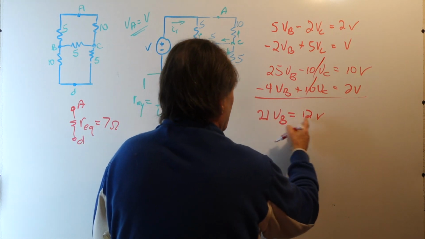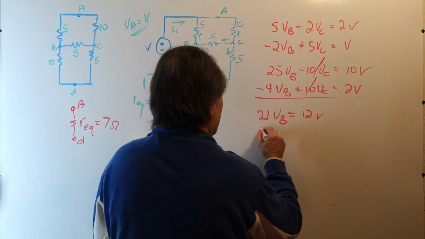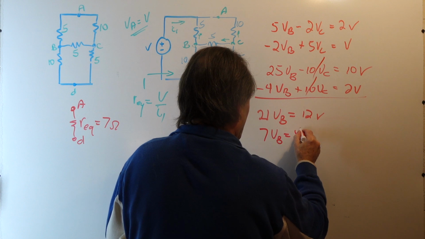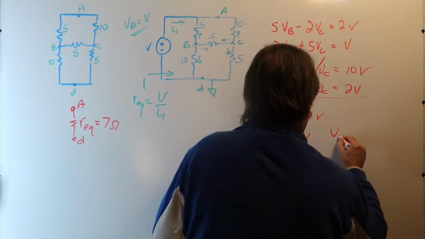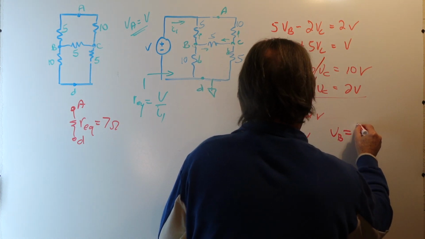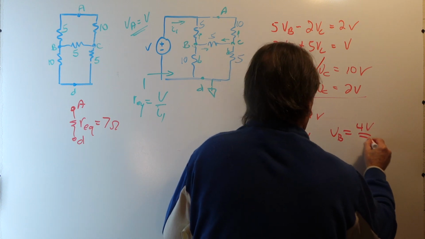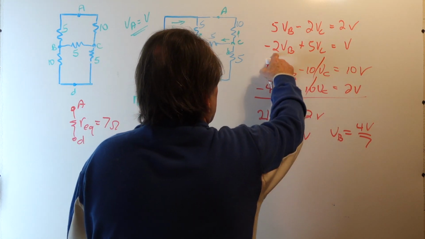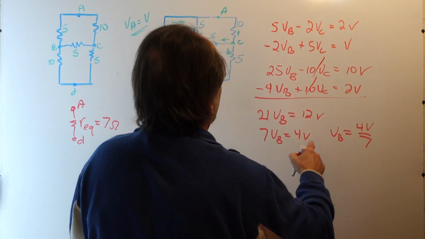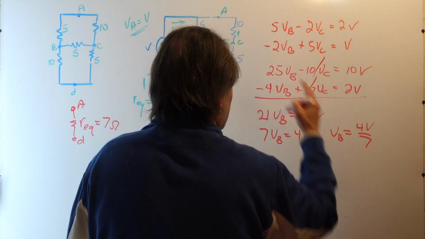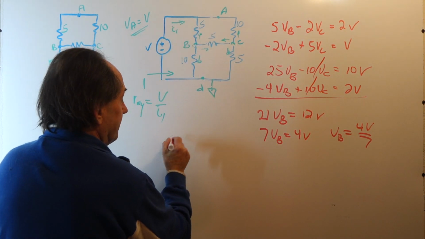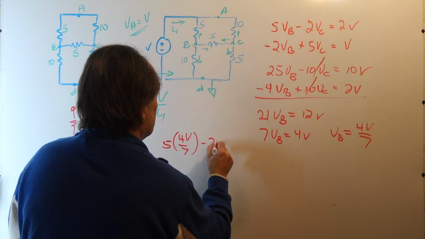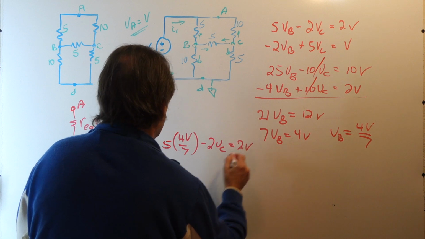3 is common to both 21 and 12, so we write this as 7 VB is equal to 4V, or VB is equal to 4V over 7 volts. Now, we take VB and substitute it into either one of these equations to solve for VC. Let's just use the top equation. So we have 5 times 4V over 7 minus 2 VC is equal to 2V.